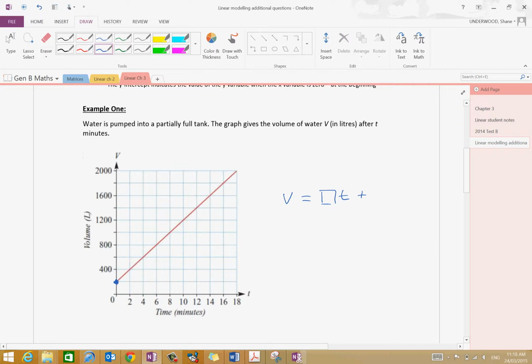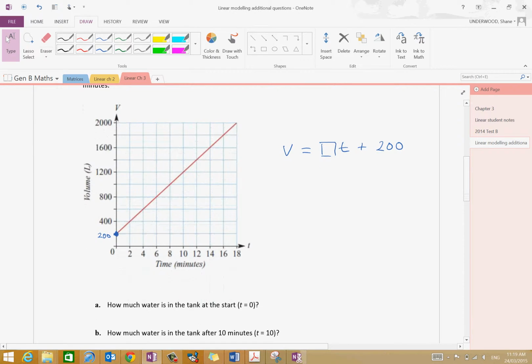So be careful. What is that v-intercept? It's at 200. So at t equals 0, the volume in the tank is equal to 200.